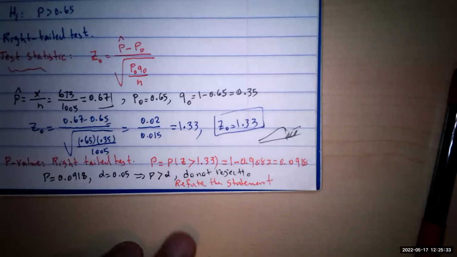So there is not sufficient evidence to believe otherwise, to believe that the p is greater than 65%.